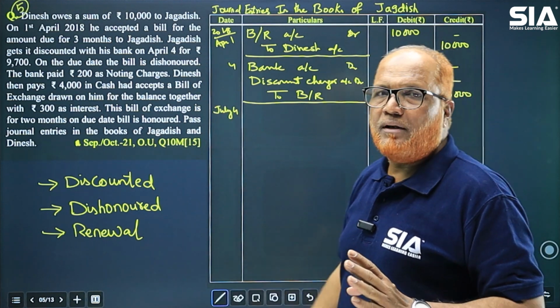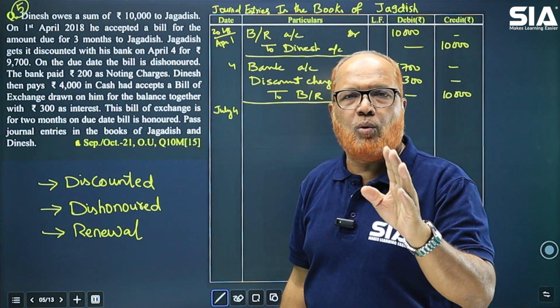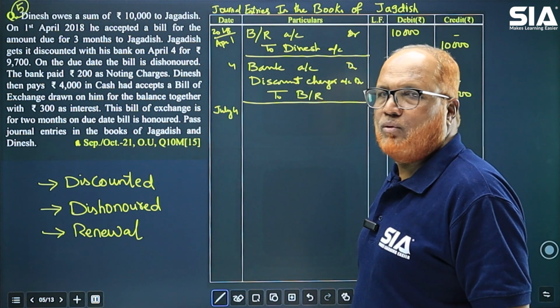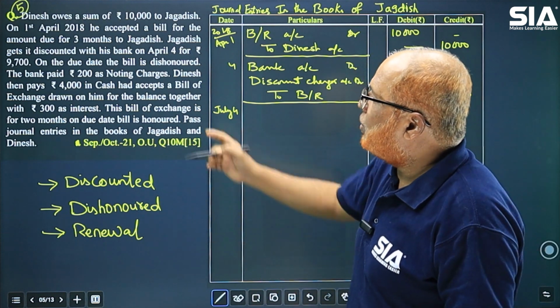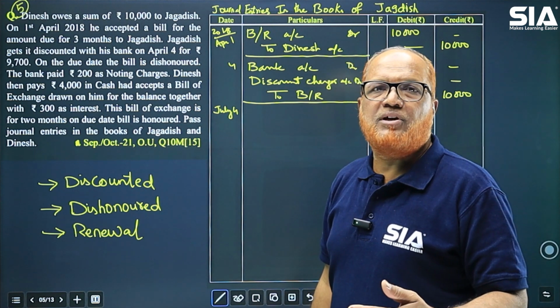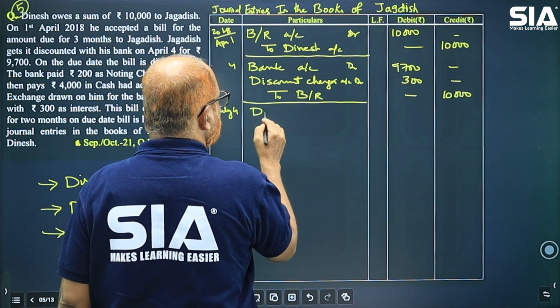So from 1st April to May, June, July. 1st July, 3 months over. Now 1st, 2nd, 3rd, grace days, 4th July is the due date. The bill is dishonored. The banker has paid noting charges of 200 rupees. Now we'll debit Dinesh, because we have to get the amount from Dinesh.